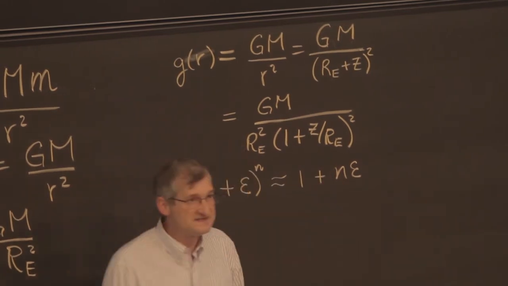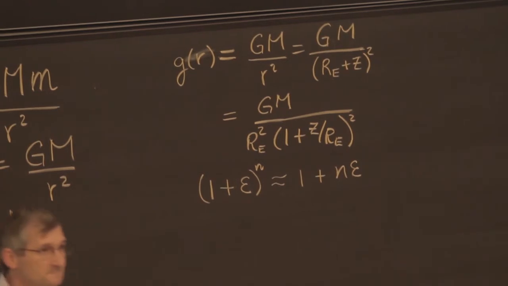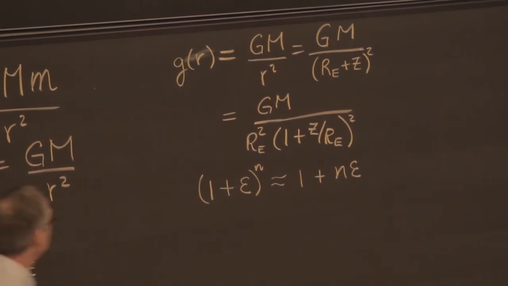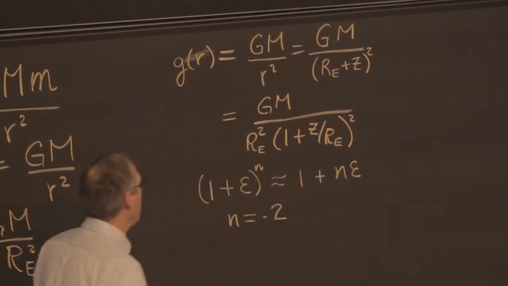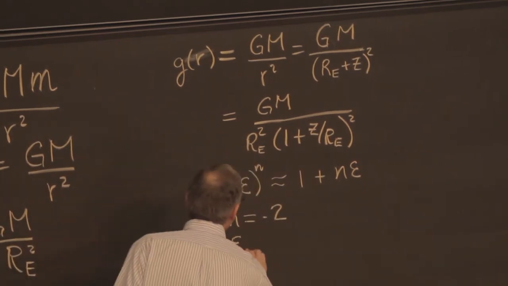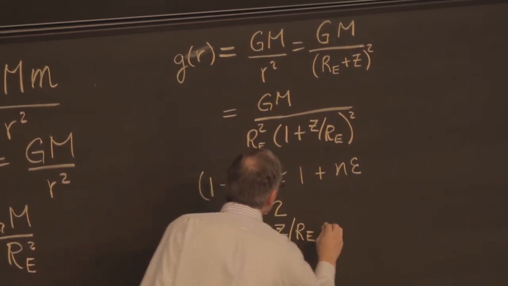So in this case, what is the power n? Negative 2. It's sitting in the bottom. So here n is negative 2. And epsilon is z compared to the radius of the Earth.